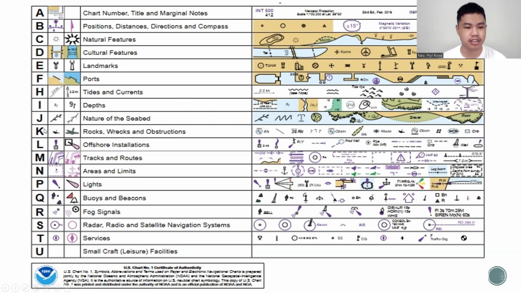These basically are the rocks or the shipwrecks, and the different symbols again. So next is the lights, and these are the different symbols. Now, the buoys and beacons.